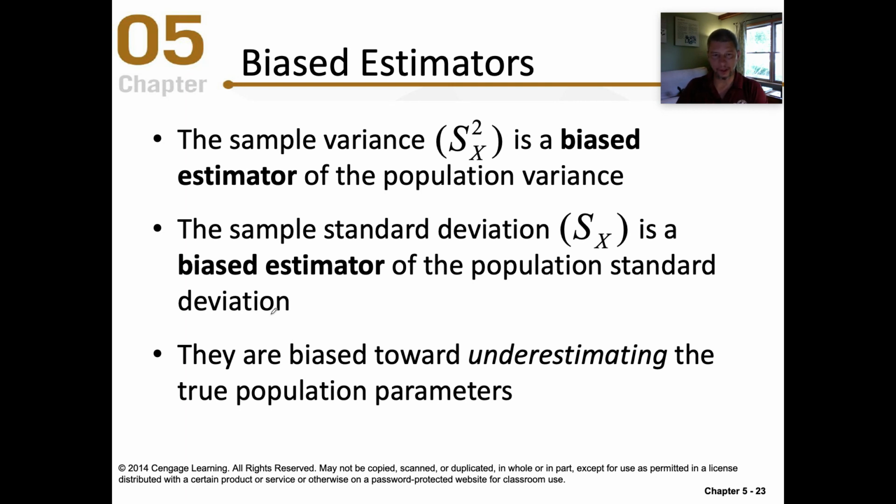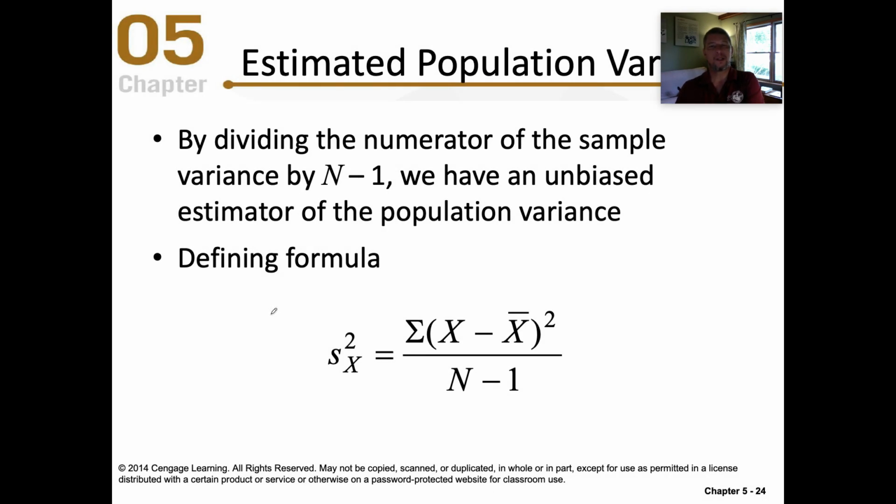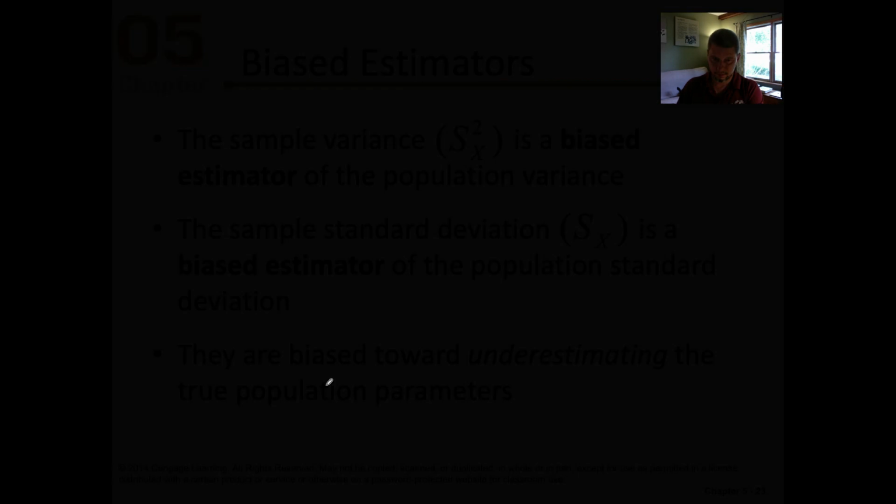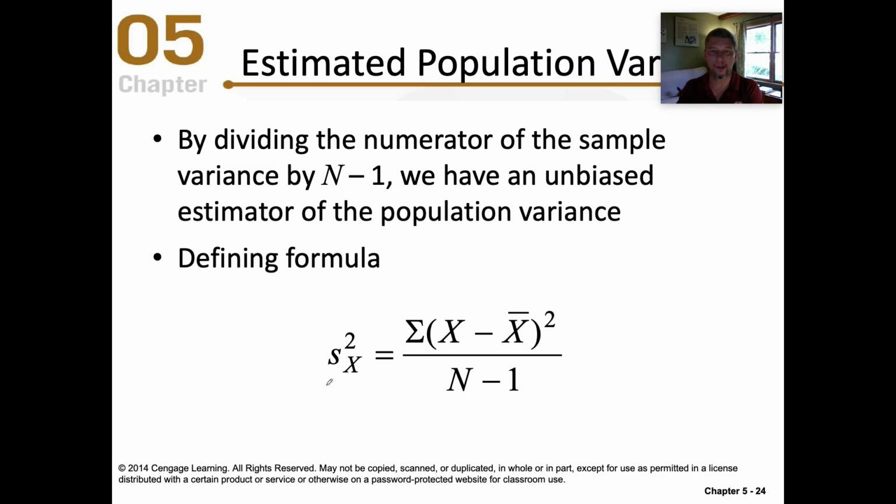In order to do this, what we do is divide the numerator of the sample variance by n minus 1 instead of n. And what this does is it gives us an unbiased estimator of the population variance. So look at the formula here. This is the same as the formula that we used in the last case when we calculated the sample variance.